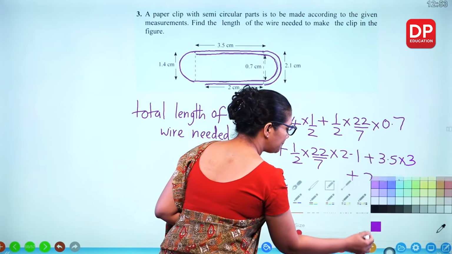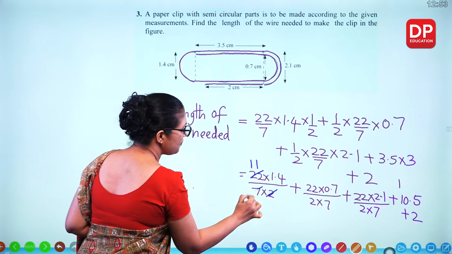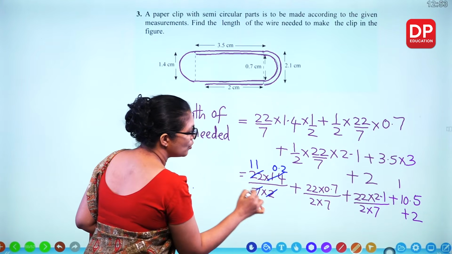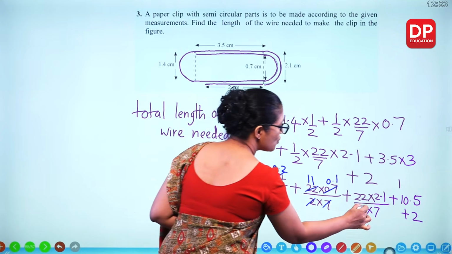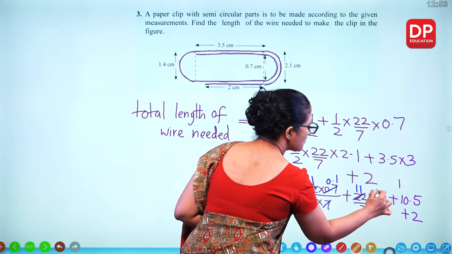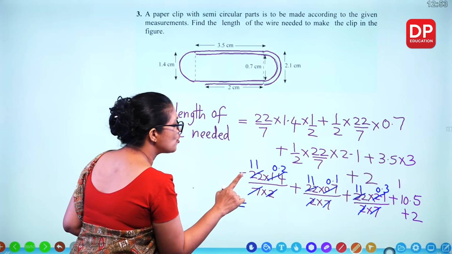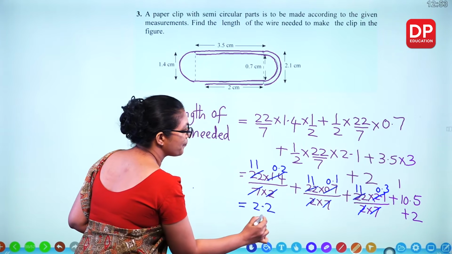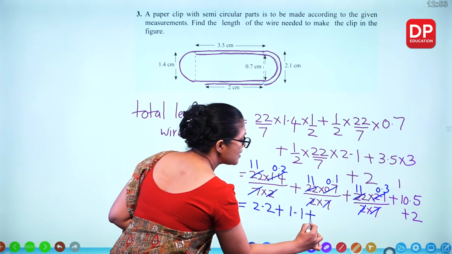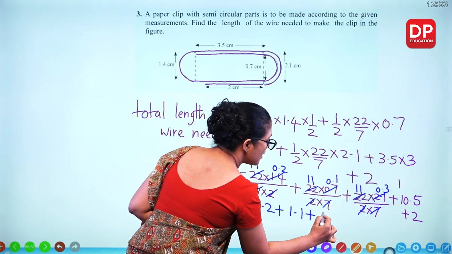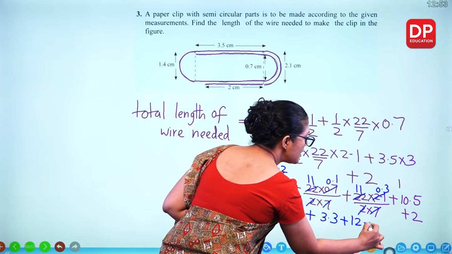Now we'll simplify. 2 times 11 over 7 times 0.2, 2 times 11 here, 7 times 0.1, 2 times 11, 7 times 0.3. So what's the value? 11 times 0.2, 2.2. 11 times 0.1, 1.1. 11 times 0.3, that's 3.3. And 10.5 and 2, 12.5.